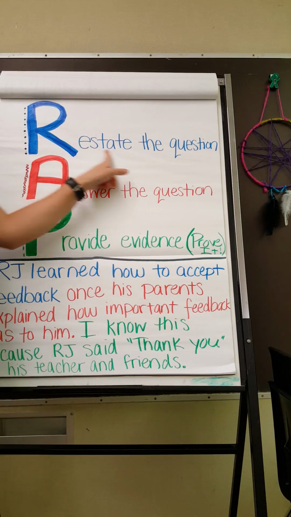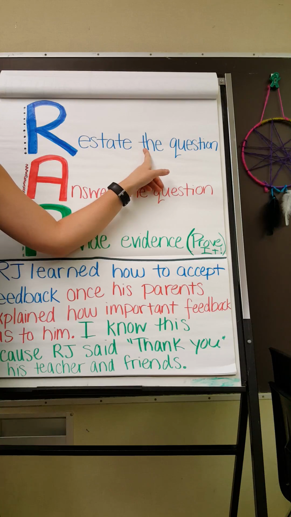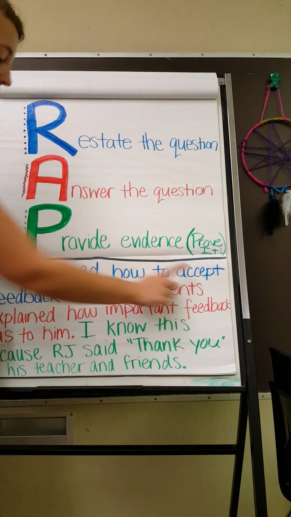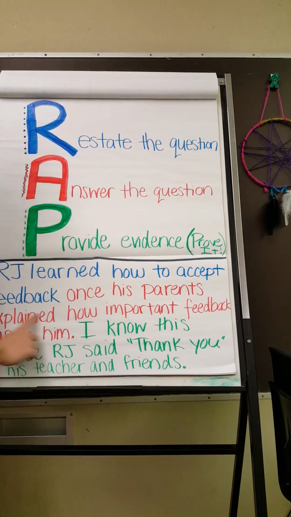So I start with restating the question. In blue I have, RJ learned how to accept feedback. That restated the question, right? It just said my question again. Did RJ learn how to accept feedback? My restating, RJ learned how to accept feedback. You hear those same words? Those are restating it.